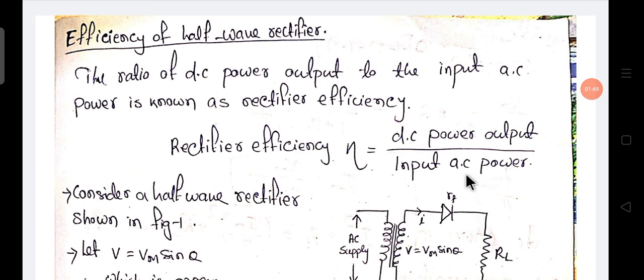So efficiency, the sign is eta. This is eta, and it is equal to DC power output by input AC power.